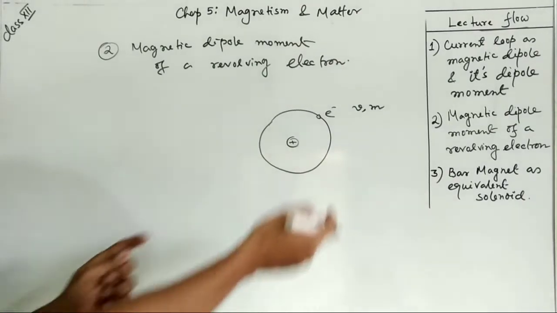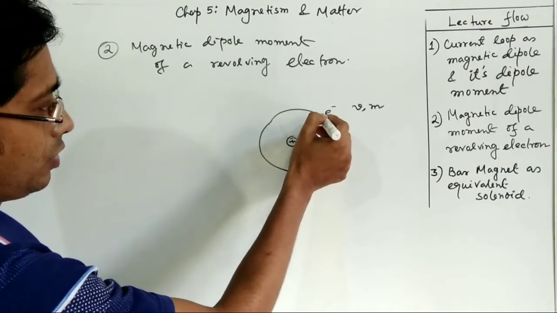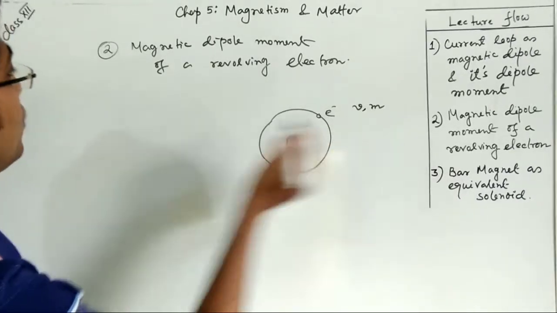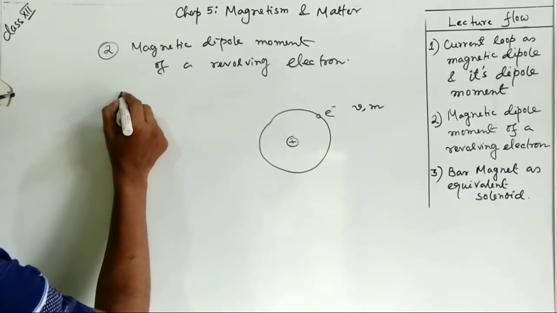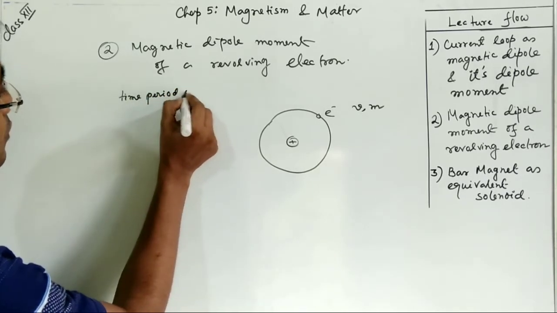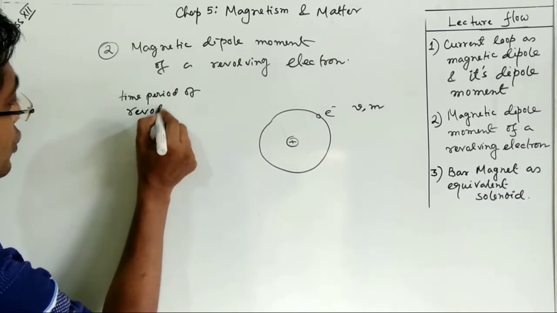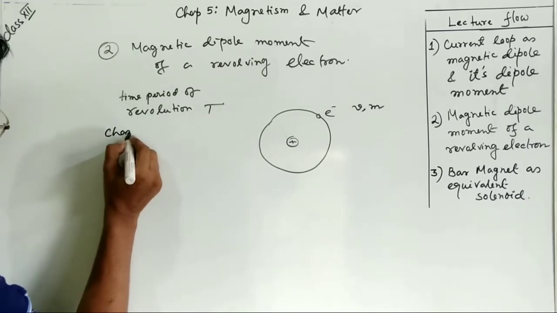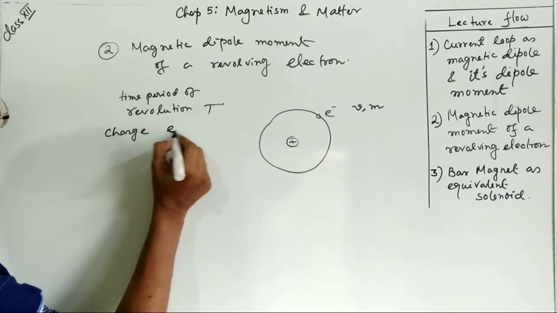Okay, now it will complete the revolution in a particular time period, that is T, and the charge of the electron we know that is e.